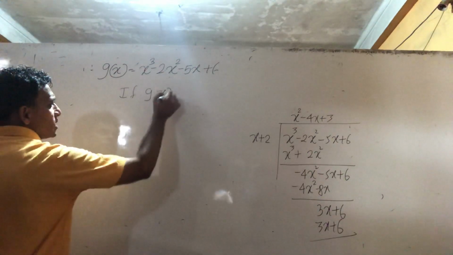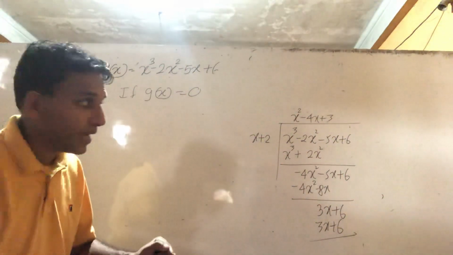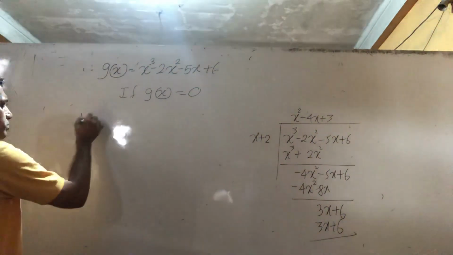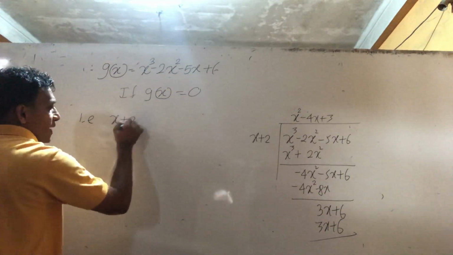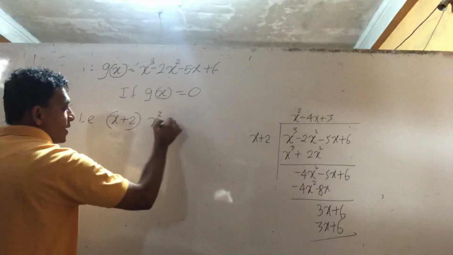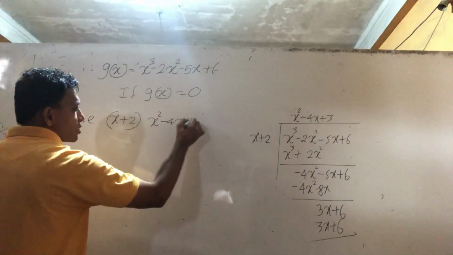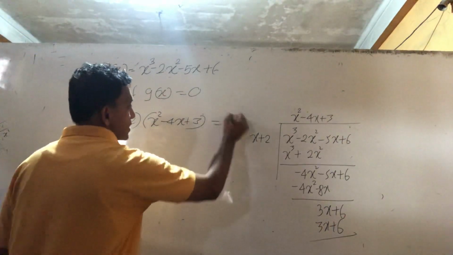Therefore, if g(x) equals 0, what is g(x) now? X plus 2 is a factor, and x square minus 4x plus 3 is the other factor. Okay, it is 0, that's the meaning, right?